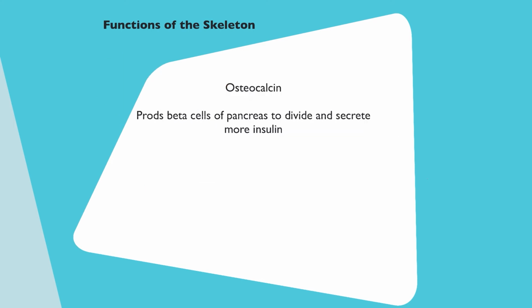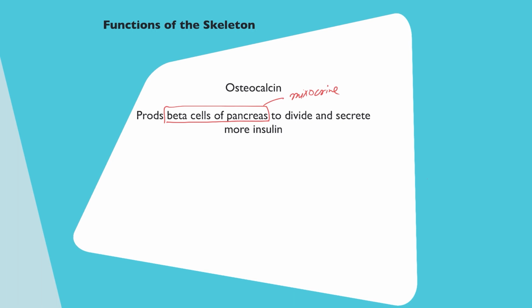The next important one is osteocalcin. Osteocalcin is a hormone that is associated with our bones. Now, it kind of prods the beta cells of the pancreas. If we remember, the pancreas is a mixed gland, it has both duct-associated cells that give you the enzymes, and it has cells that give hormonal secretions into the bloodstream.